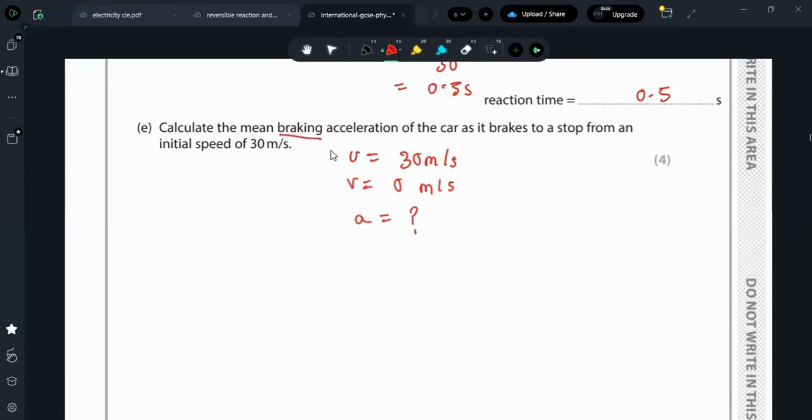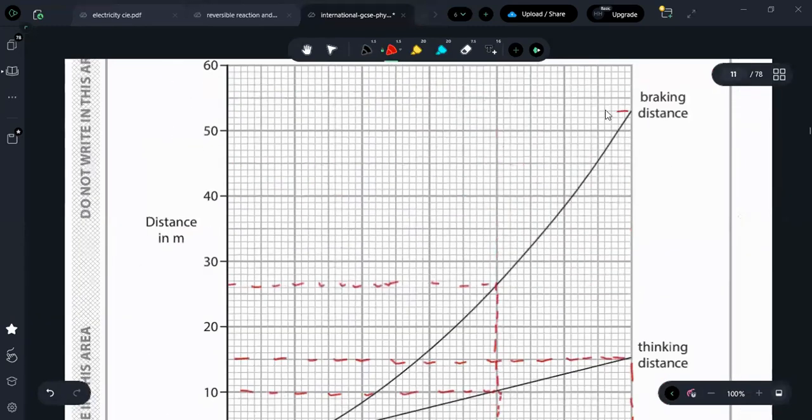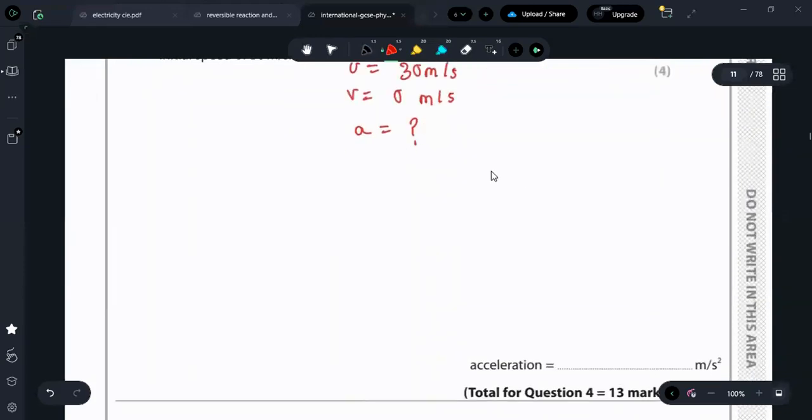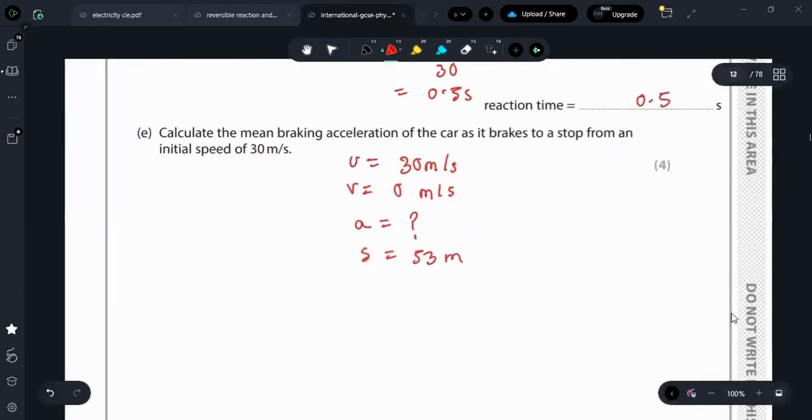Since it's talking about braking, so I can go and find out my braking distance. Braking distance হবে এটা, which is probably, let me mark, it's 53 meters. So s equals to 53. Now that you have all the information that is given, now you need to figure out which formula you have to use.